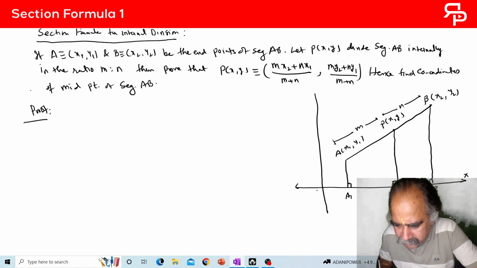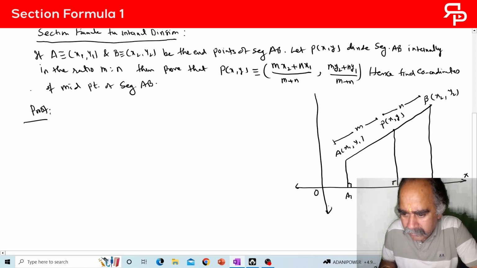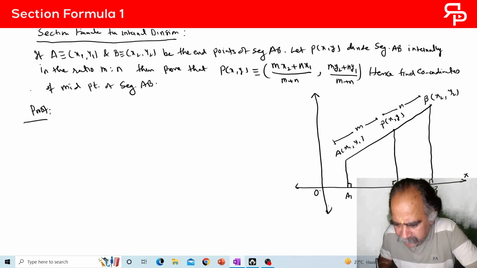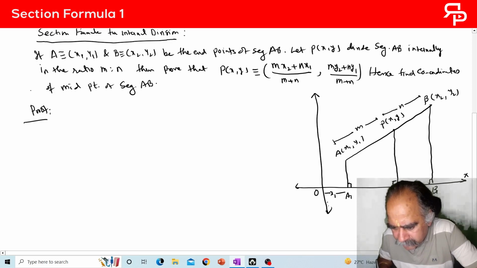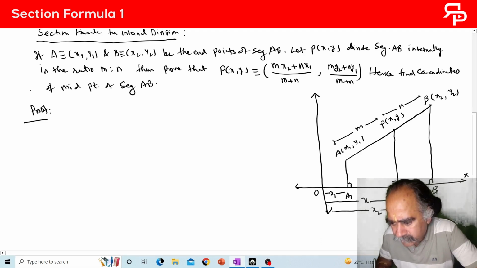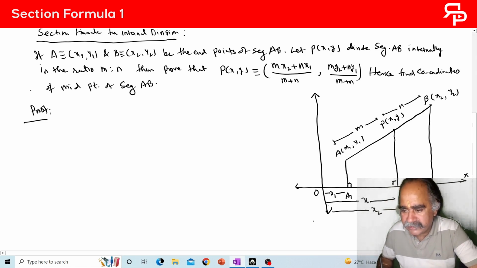This is origin. And this is your y-axis. So by definition, length OA1 will be x1, which is x coordinate of point A. Length OP1 is x, which is x coordinate of point P. And length OB1 is x2, which is x coordinate of point B.